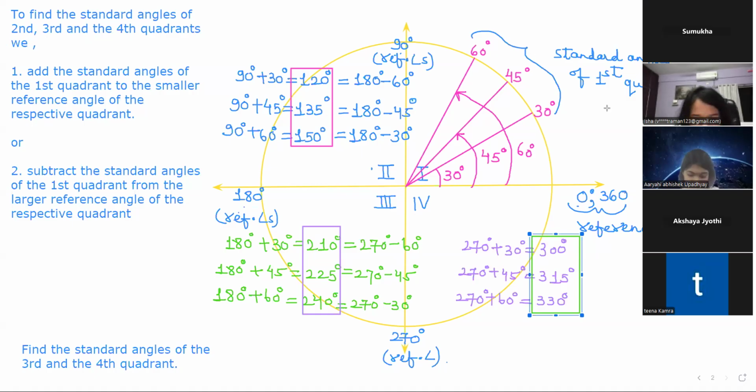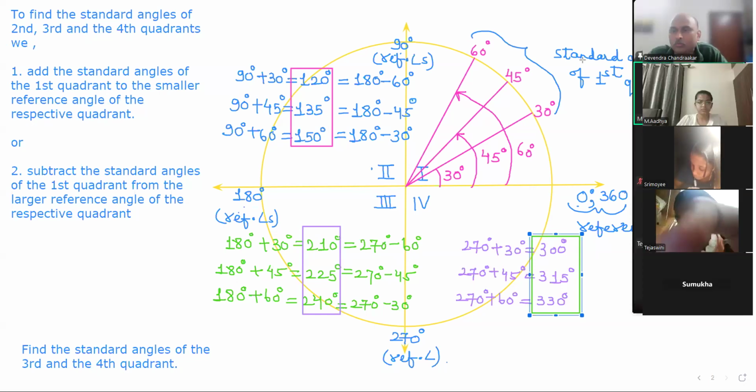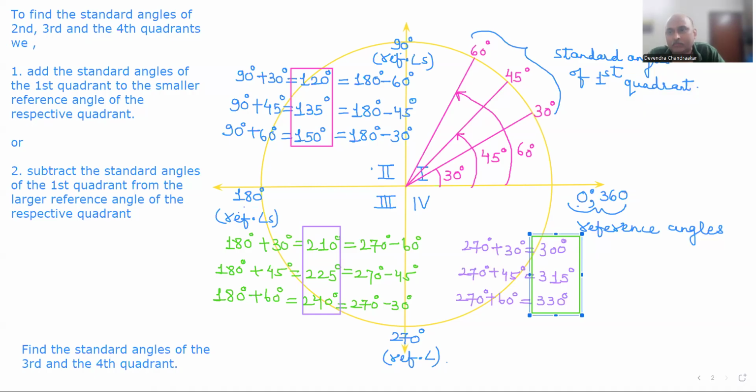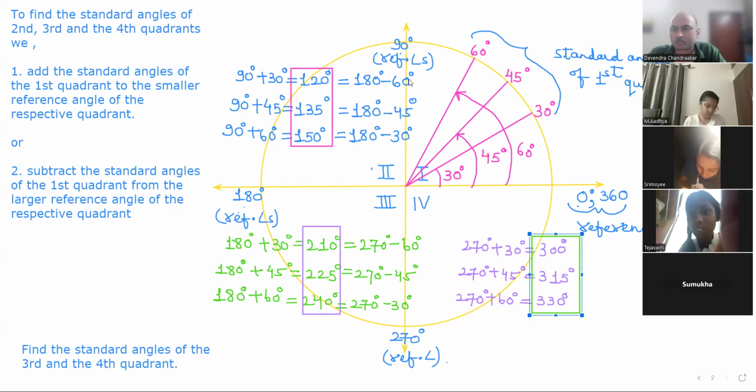No worries, but write it neatly so that you can understand it and refer to it when you want to learn from it. Very good. Tejaswini, shall I move ahead?